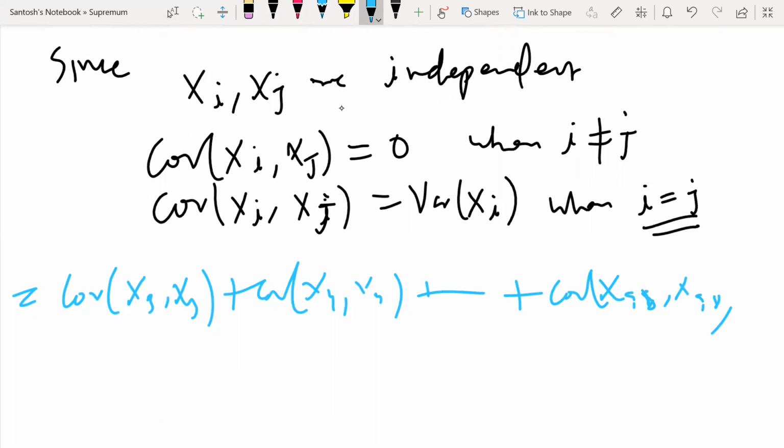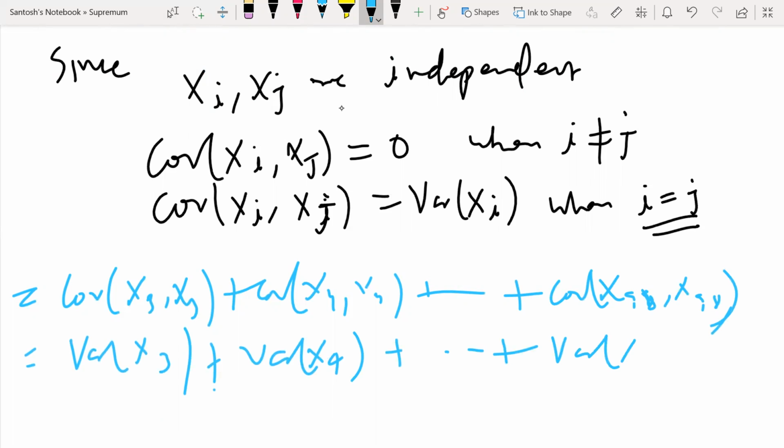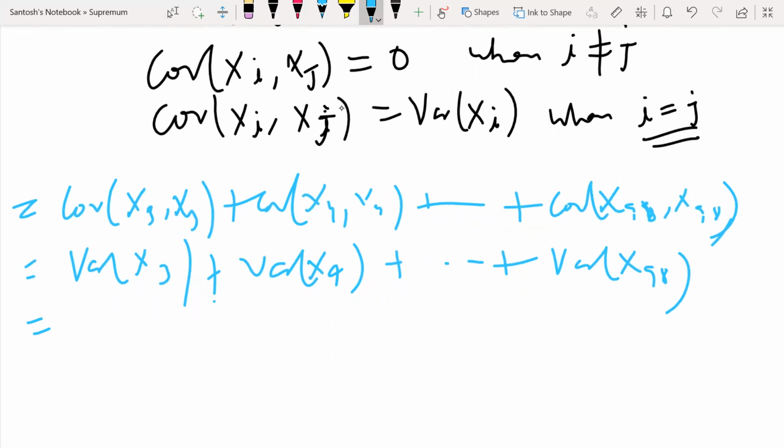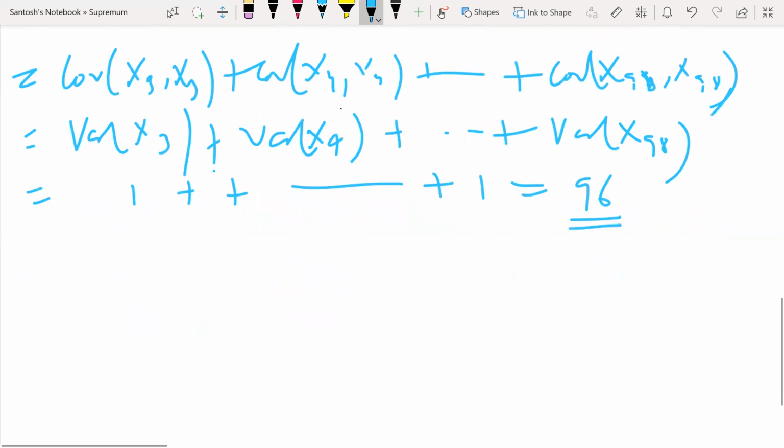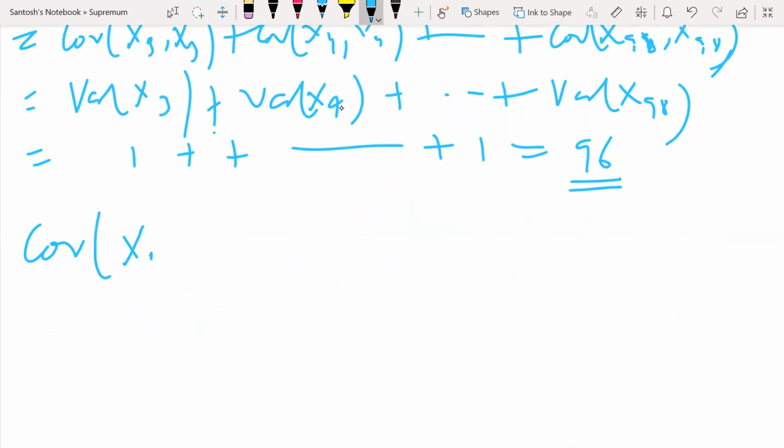These are nothing but variance of x3 plus variance of x4 up to variance of x98. Each has variance 1. How many terms? 98 minus 2, so 96 terms. So 1 plus 1 up to 96 terms is 96. Covariance of XY is 96.